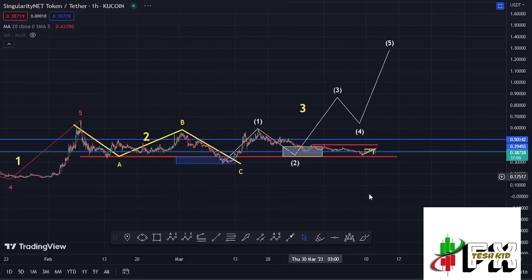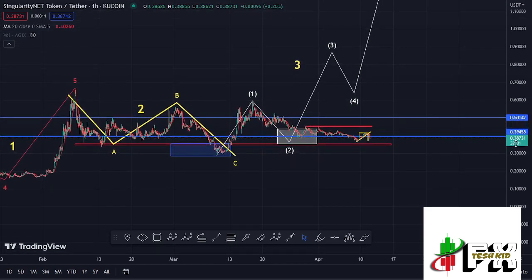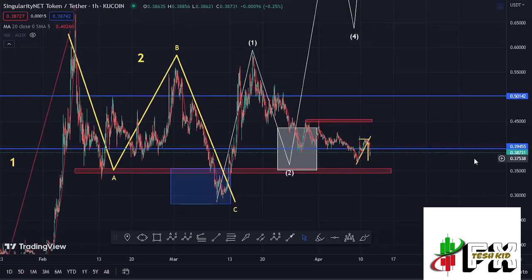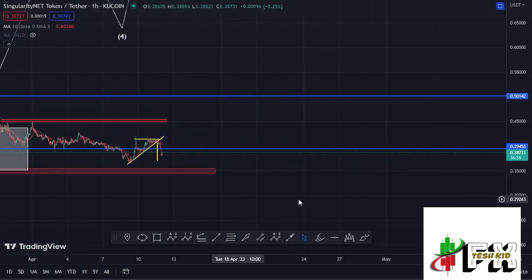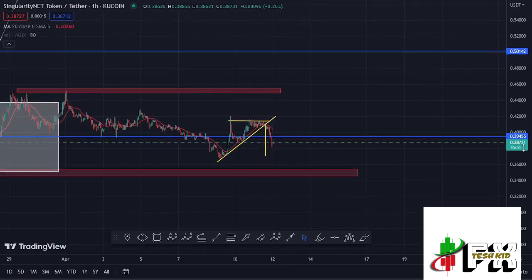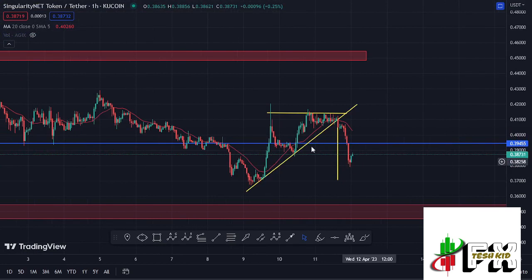Here we also have a chart pattern that has now given us a massive breakout to the lower side. Before I get to the Elliott wave structures, let's first take a look at the chart pattern that was formed yesterday, where you can see I have this chart pattern having this as a horizontal area of resistance.